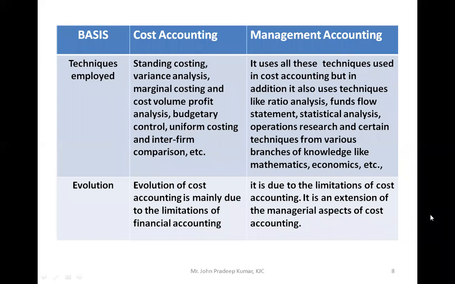Okay. And the evolution of cost accounting is mainly due to the limitations of financial accounting. So the limitations of financial accounting led to cost accounting. And again, why do they have to prepare management accounting separately? Because cost accounting has limitations, and to overcome those limitations, they have introduced management accounting.